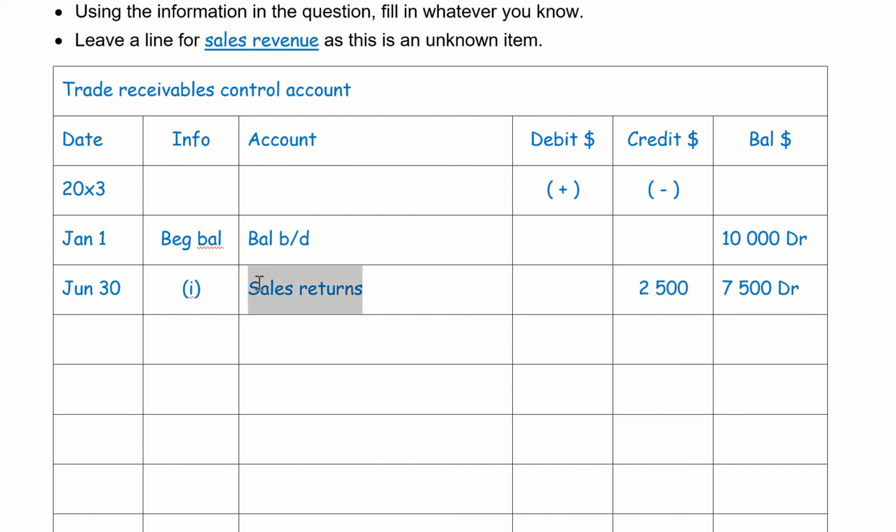Why? The other account affected is sales returns. Where did this information come from? This is part I of your question, additional information I.